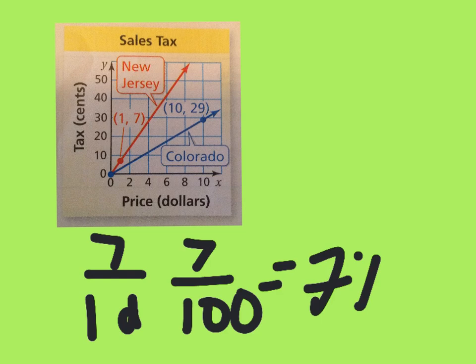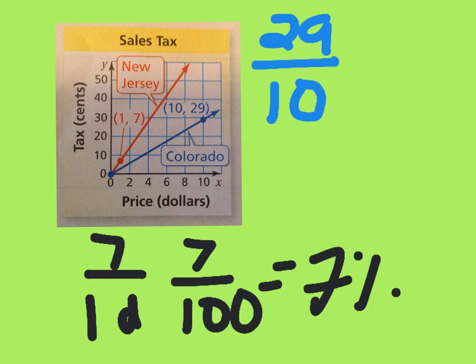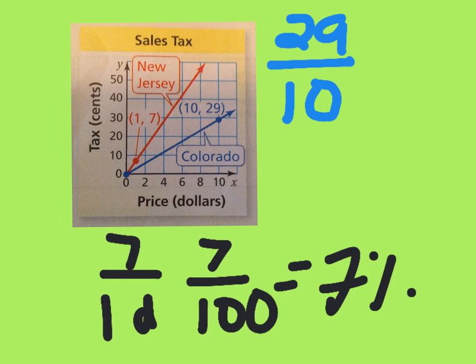29 cents for every $10. If we have 29 cents for every $10, we want to make it to every $1. So we're going to divide 10 by 10, and we get 1.